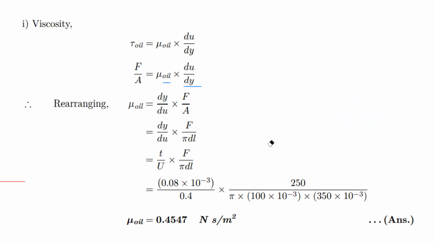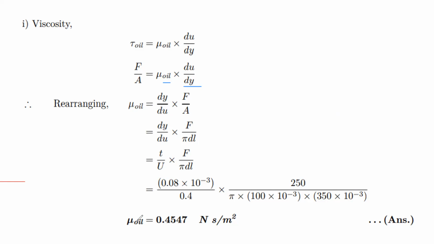Now after this, substitute all the values. Thickness as 0.08 into 10 to the power of minus 3, U as 0.4 meter per second, force 250 Newton given, pi value, diameter 100 into 10 to the power of minus 3, length 350 into 10 to the power of minus 3.